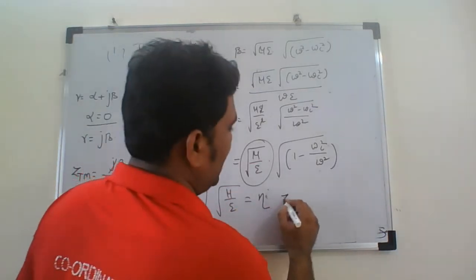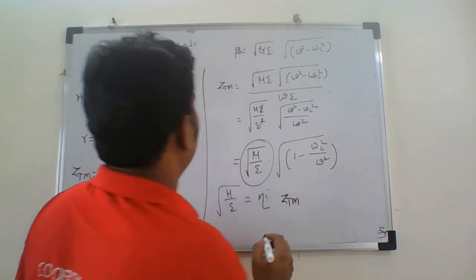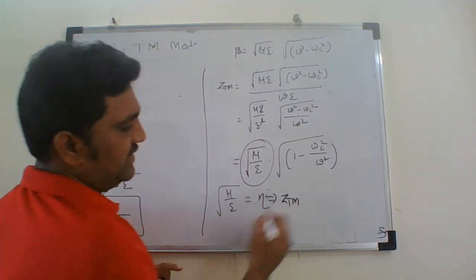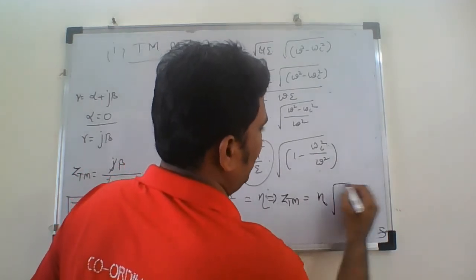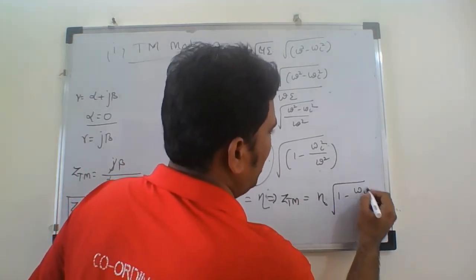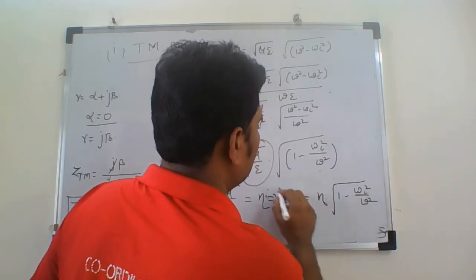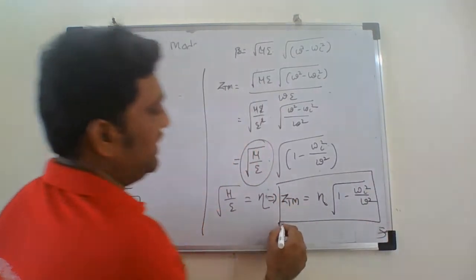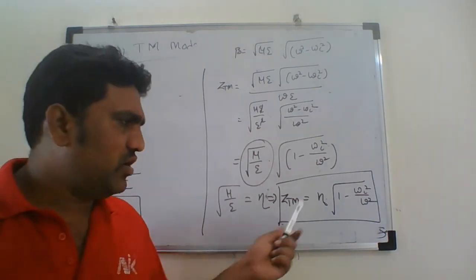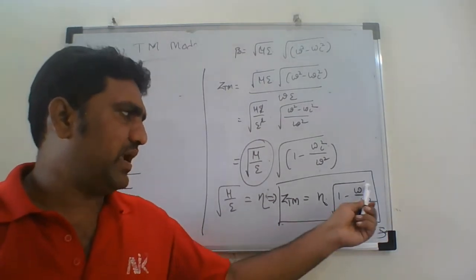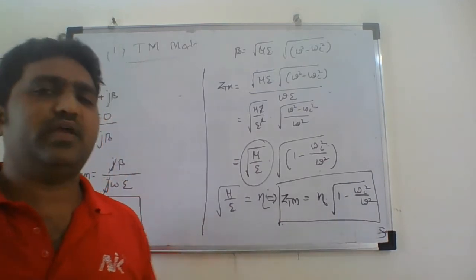Let us substitute that. So ZTM is equal to eta into root of 1 minus omega c square by omega square. This is the expression that we get.